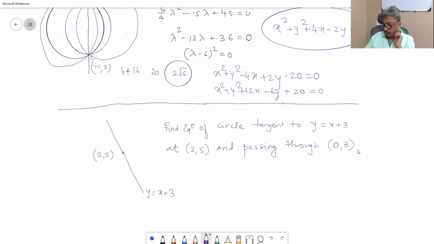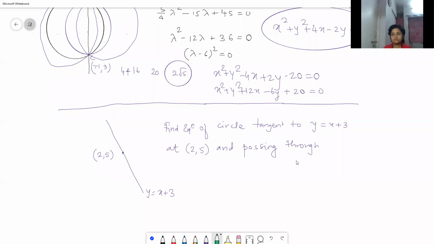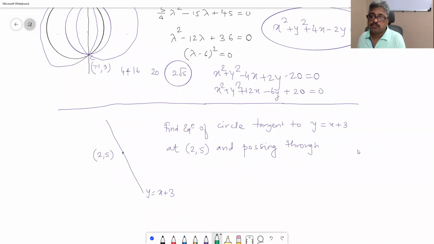Let us change the point from 0 comma 3 to 2 comma 3. You can solve this problem otherwise by finding the perpendicular bisector of 2 comma 3 and 2 comma 5, which is easy.